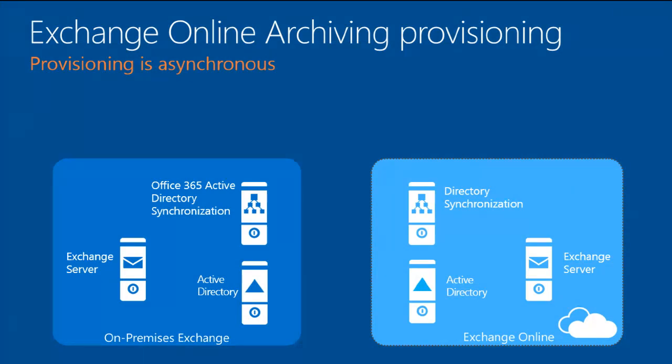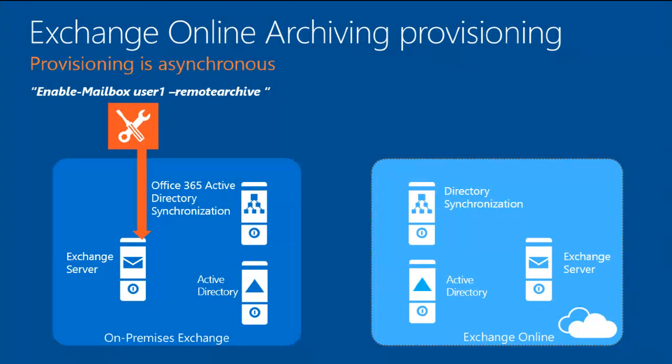It's not going to be as quick as it is on-premises, though he showed you how to do that quickly by kicking off DirSync manually. Behind the scenes, whether you use EAC or the shell, it's going to run a PowerShell cmdlet in the background, Enable-Mailbox user1, and it's using the parameter -RemoteArchive. That's something you wouldn't use if your archive was going to be local, right?